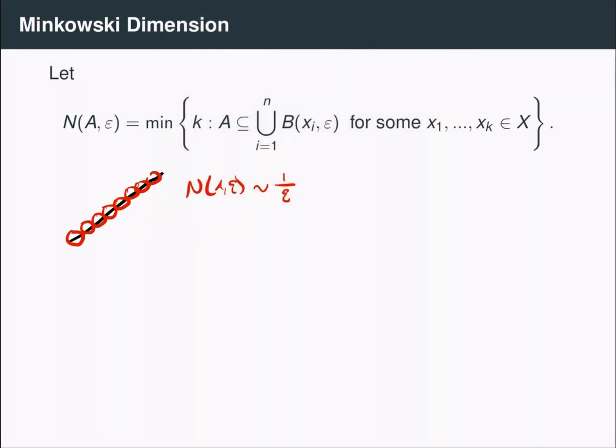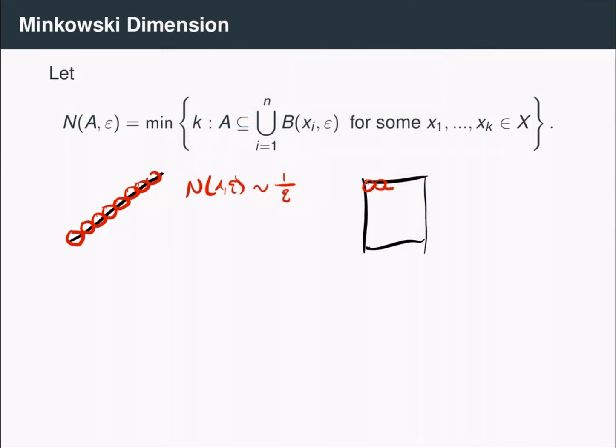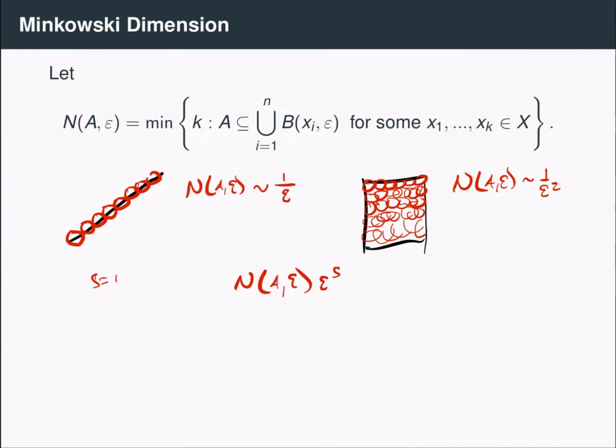Or if you look at a square, and you cover it with balls of radius epsilon, then you can show that N_A(epsilon) in this case is approximately 1 over epsilon squared as epsilon goes to 0. So in each of these cases, we see that if we look at N_A(epsilon) times epsilon to the S, then the limit of this as epsilon goes to 0 is stable for some particular value of S. In the case of the line, it was S equals 1, and in the case of the square, it was S equals 2.